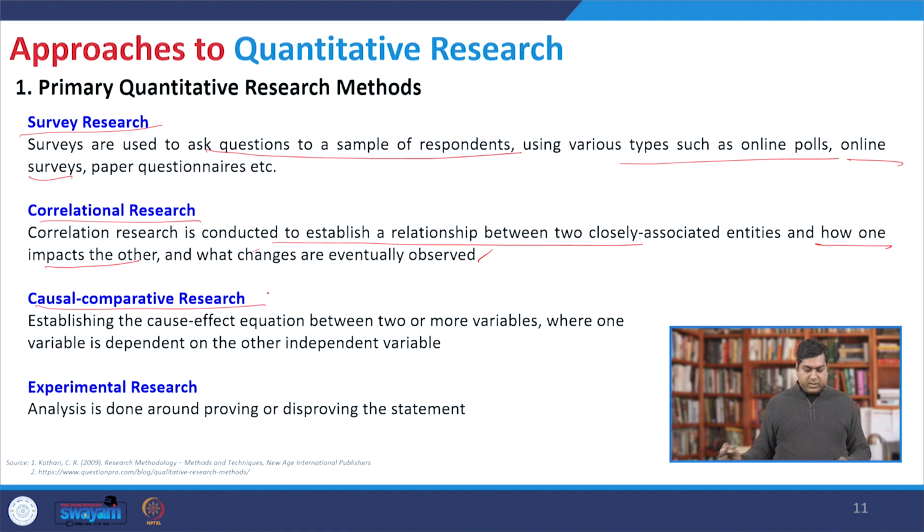Causal comparative research: as I mentioned earlier, here we establish the cause-effect equation between two or more variables, that by changing one particular parameter, how the other is going to vary. In this case we pick up something called a dependent variable and something called an independent variable.